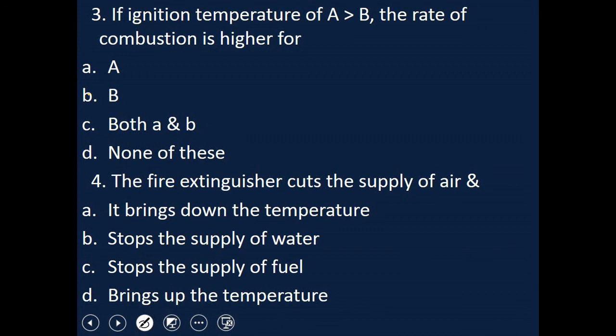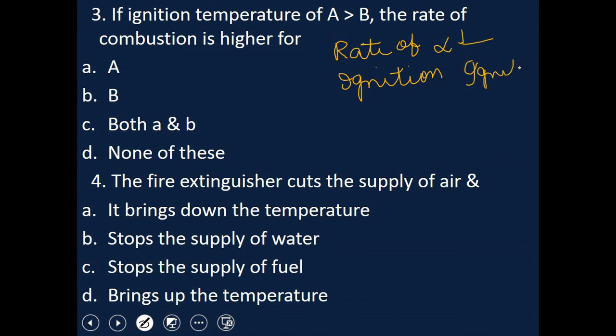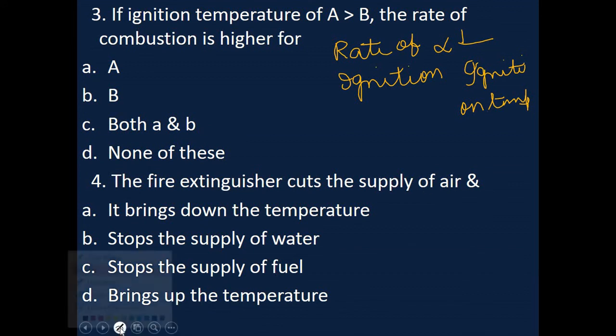I'll write here with a different color pen: rate of ignition is inversely proportional to ignition temperature. I mean to say, higher the ignition temperature, lower will be the rate of ignition, rate of combustion.